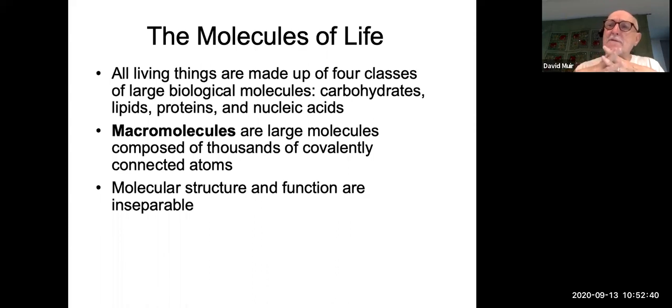And this becomes very important, for example, if there's any mutation in the DNA and a molecule deviates from the normal, because very often even a very slight change in the structure of a molecule can radically alter its function. Usually not to a good end. That's usually a bad thing. Occasionally it may be a good thing, and that may feed the evolution of a species. Molecular structure and function are inseparable.